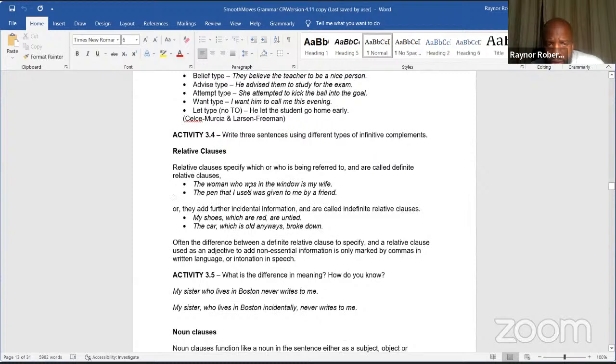Relative clauses. We talked about relative clauses, who, that, when, where. We talked about that last class. Just to reinforce, that is for necessary clauses.